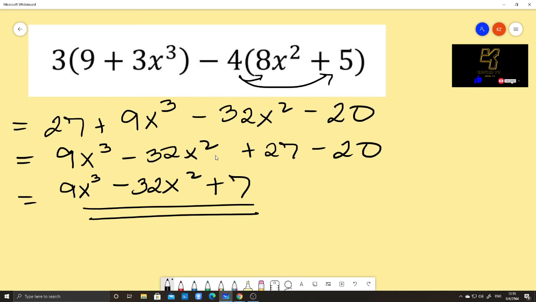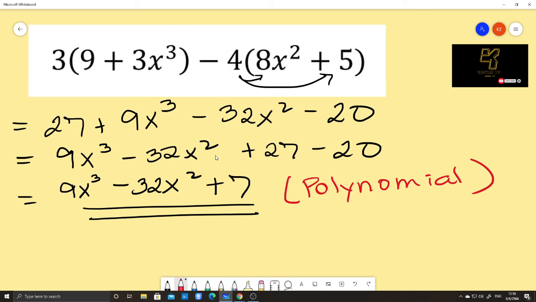One more thing. In writing the polynomial, we call it a polynomial because it has three terms: 1, 2, 3.